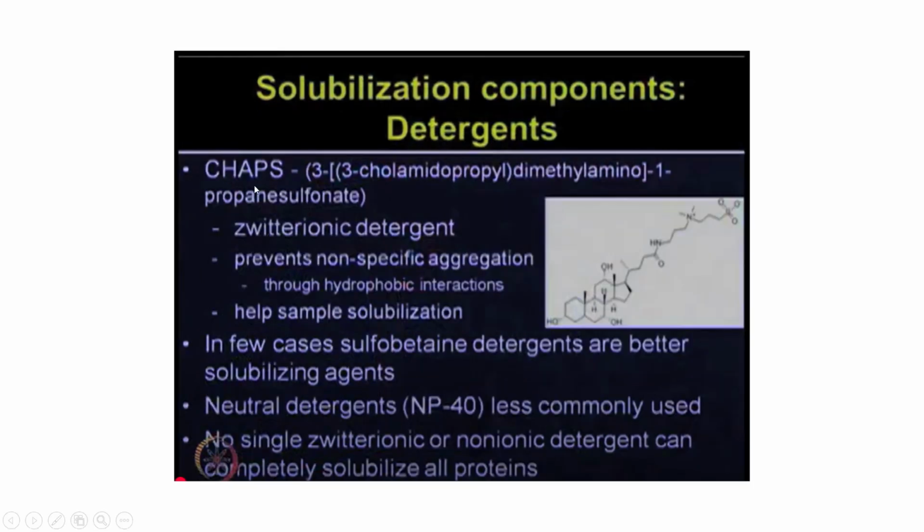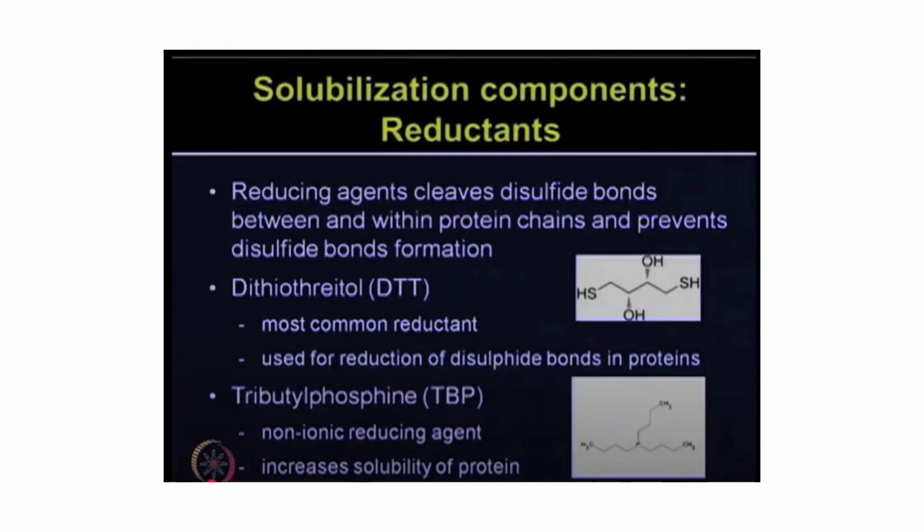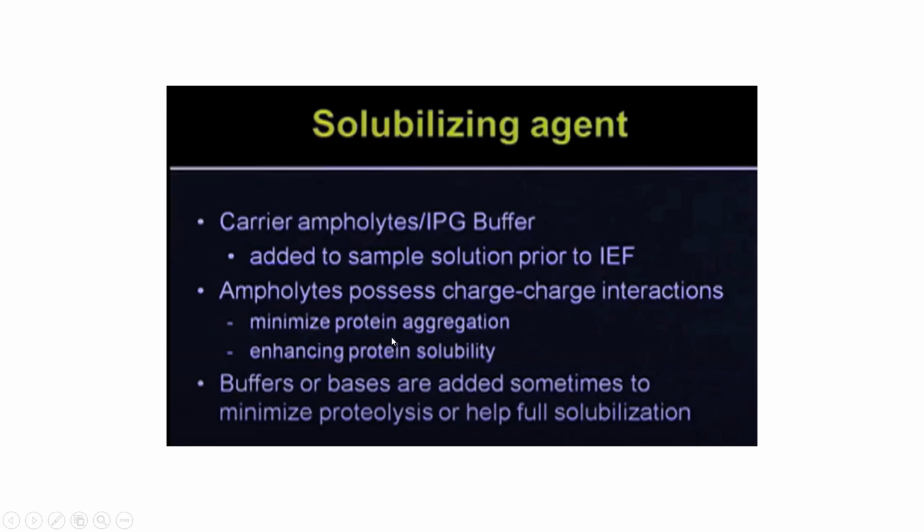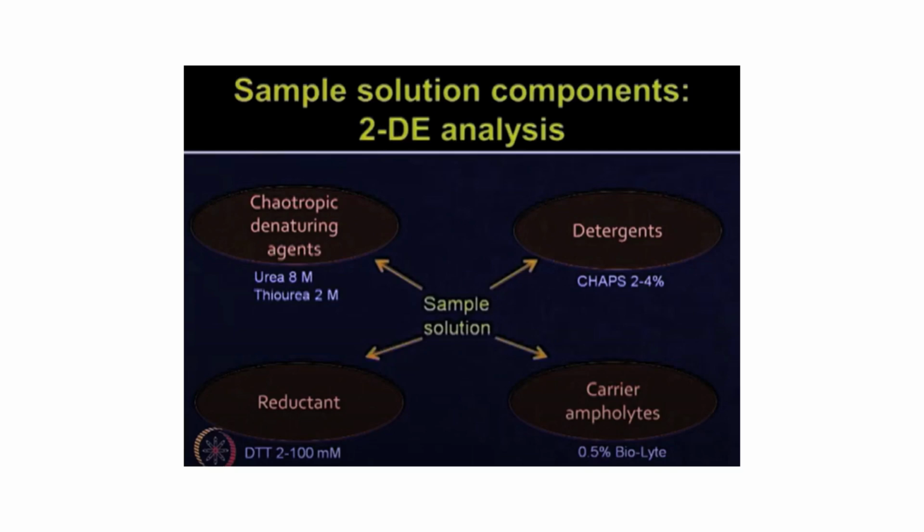Similarly, there are different components which can be used for different types of protein extraction depending upon the need. Then DTT is used as a reducing agent. Similarly, beta-mercaptoethanol is also used. Then certain solubilizing agents, so that the sample gets solubilized and you can run it on isoelectric focusing or SDS-PAGE. So in the sample itself, the reductant is DTT.